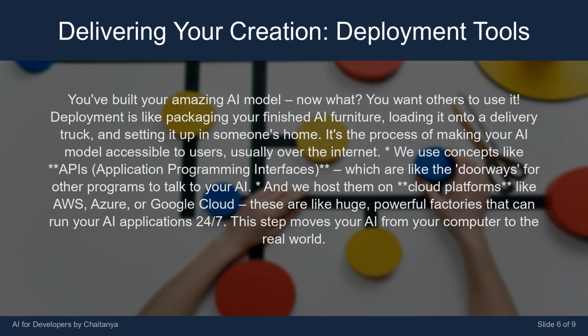And we host them on cloud platforms like AWS, Azure, or Google Cloud. These are like huge, powerful factories that can run your AI applications 24/7. This step moves your AI from your computer to the real world.